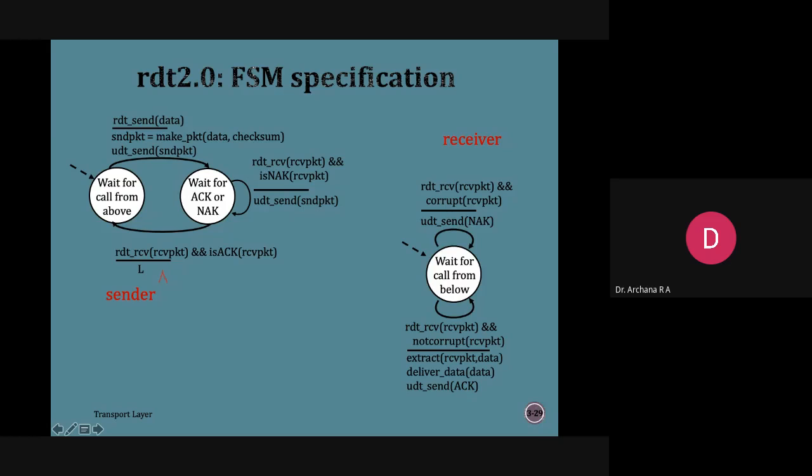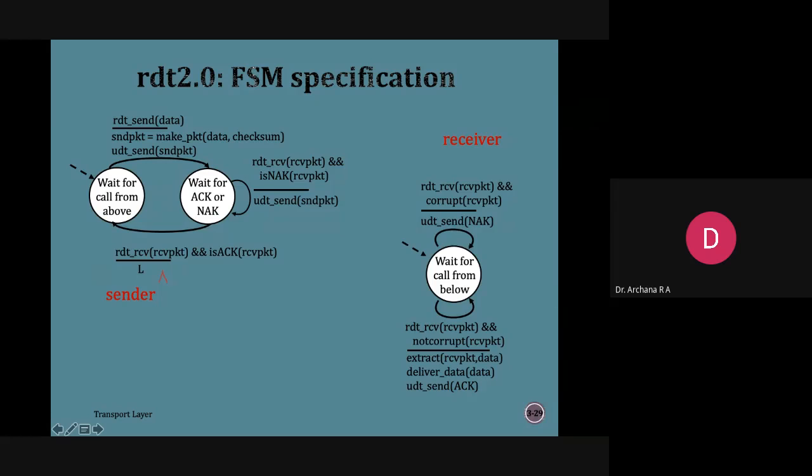Suppose it receives the packet and it is not corrupted. Whatever packet you receive from the below layer, if it is a non-corrupted packet, then extract the data from the received packet, because the received packet contains the headers along with the data and then the checksum. Extract the data and deliver the data to the application layer.